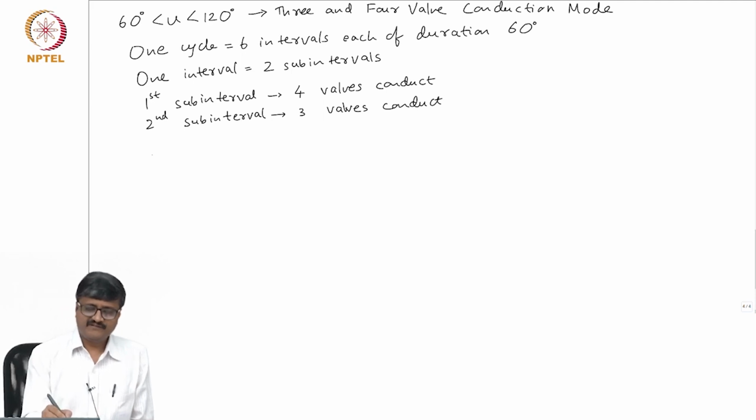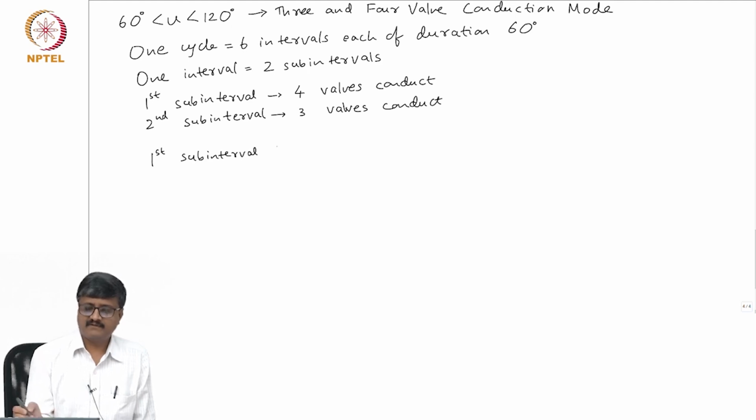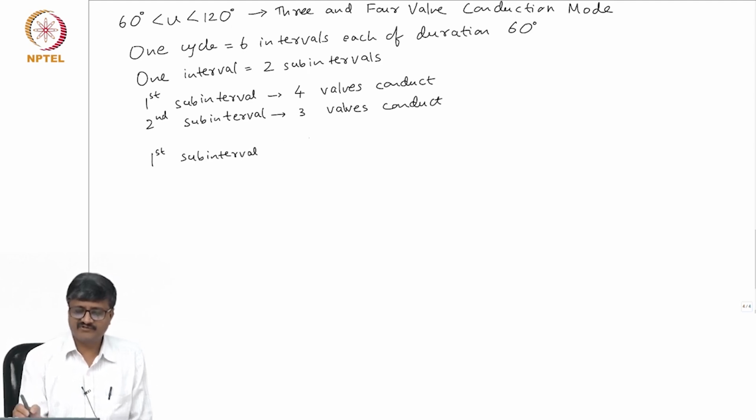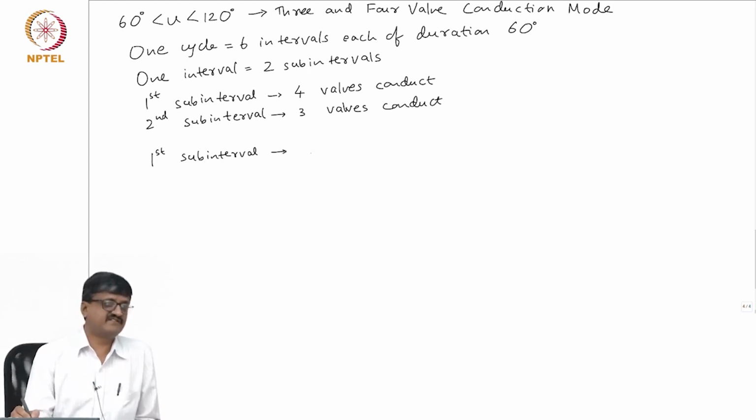Suppose the first subinterval that we are going to study corresponds to the subinterval in which valve 3 starts conducting. So, at what instant is valve 3 turned on? Alpha. Valve 3 is always turned on at alpha.